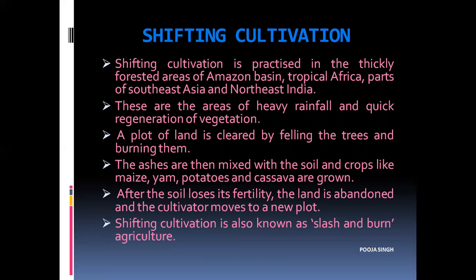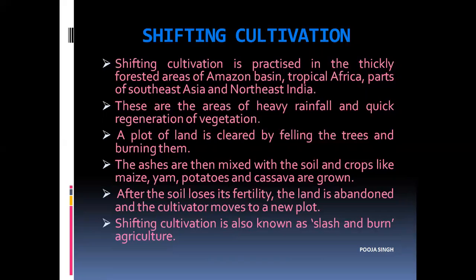Shifting cultivation. Shifting cultivation is practiced in the thickly forested areas of Amazon basin, tropical Africa, parts of Southeast Asia, and Northeast India. These are the areas of heavy rainfall and quick regeneration of vegetation. A plot of land is cleared by felling the trees and burning them.